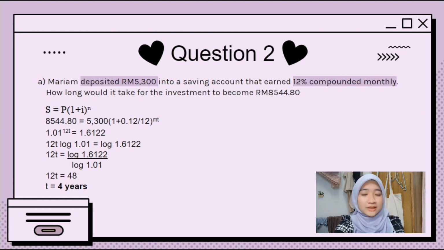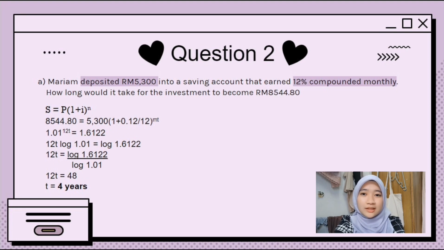The formula used in this question is S equals P (1 + i)^n. Then we can insert the values given into the formula, where the future value S is RM 8,544.80. Meanwhile, the initial value is the original amount invested, denoted by P. Here, P is RM 5,300.